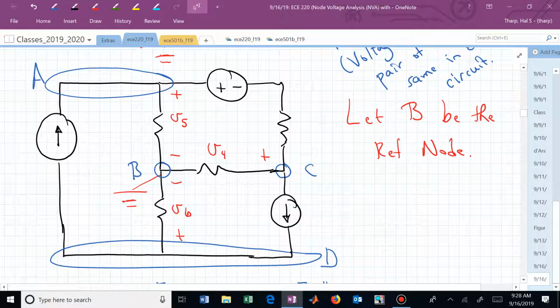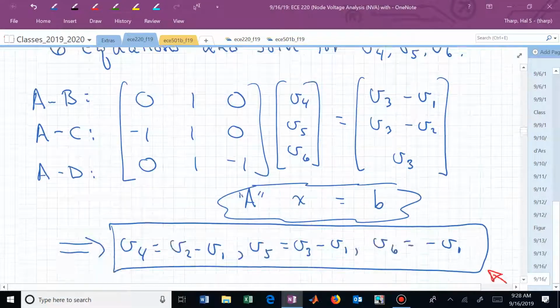If we started with 5 essential nodes, we would get rid of 1, and we would have a 4 by 4 matrix. So we would need 6 essential nodes to get to a 5 by 5. So next week, when we get the 10 by 10 A matrix, we need how many essential nodes? 11. Okay, I'll be all weekend trying to create that circuit.